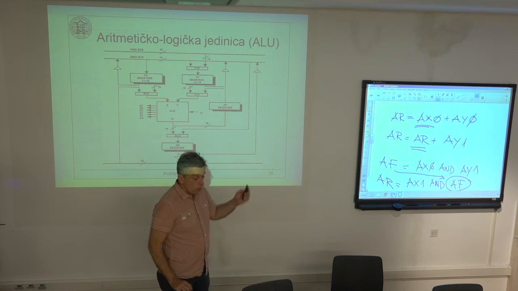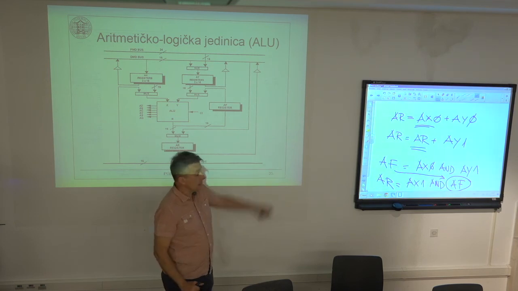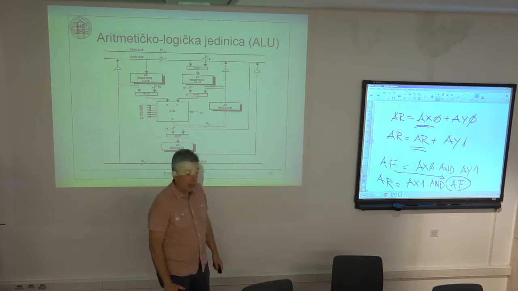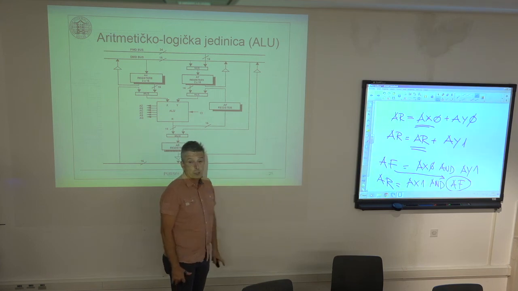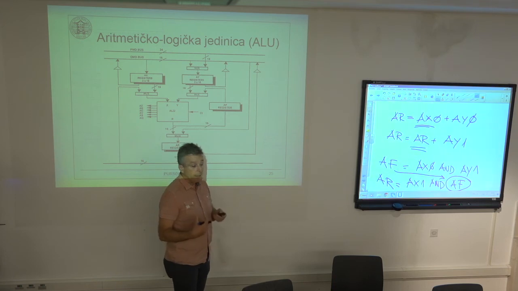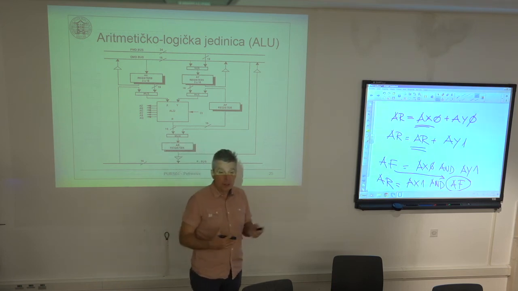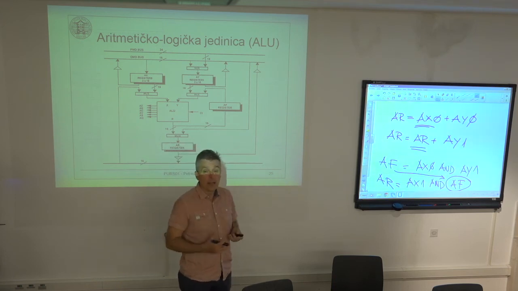All of these instructions that I'm writing on the whiteboard are written in algebraic form. So I have some kind of algebraic expressions. And why is it so? Because exactly the assembly language has such algebraic notation.